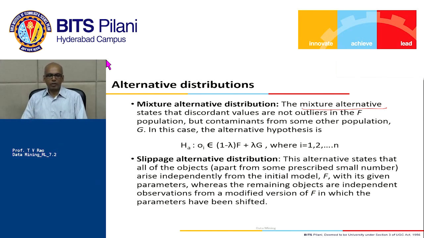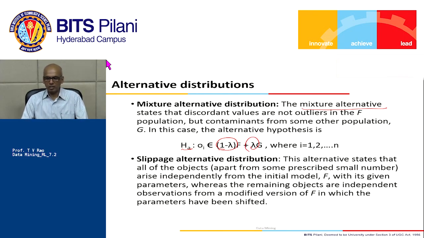Here we create an alternate hypothesis that the objects belong to a combination of F and G, that is, some part of F and the remaining part of G, so both of them put together is one.